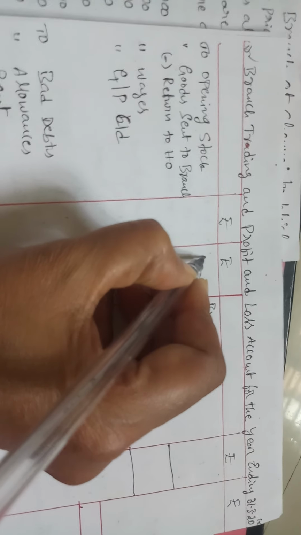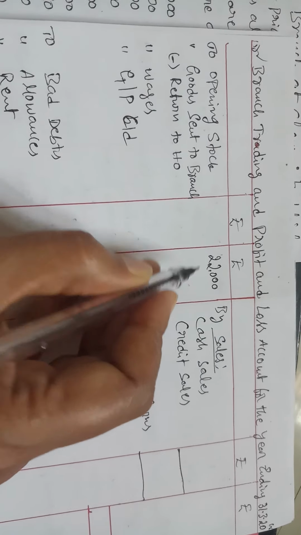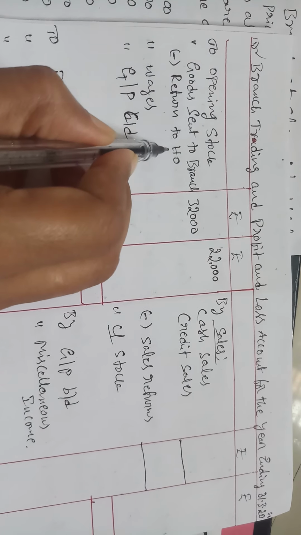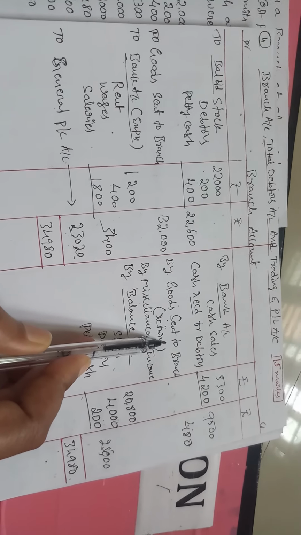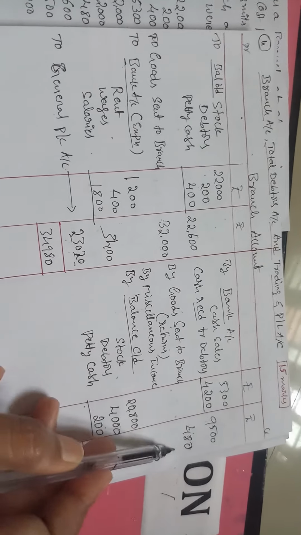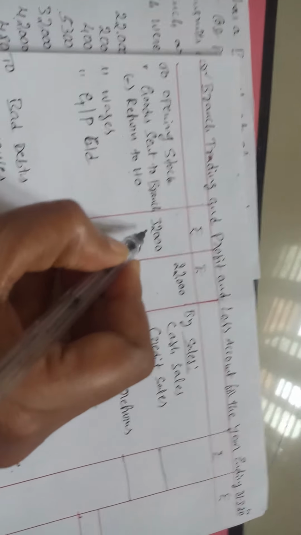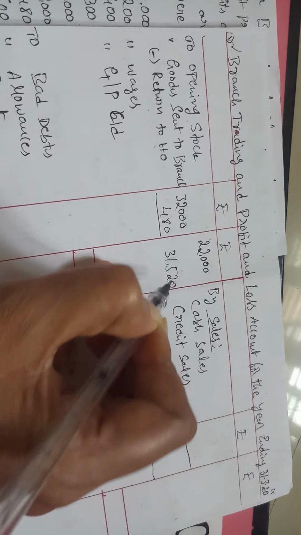Opening stock is 22,000. Next, goods sent to the branch 32,000 minus return to head office 480, so 31,520 will come.